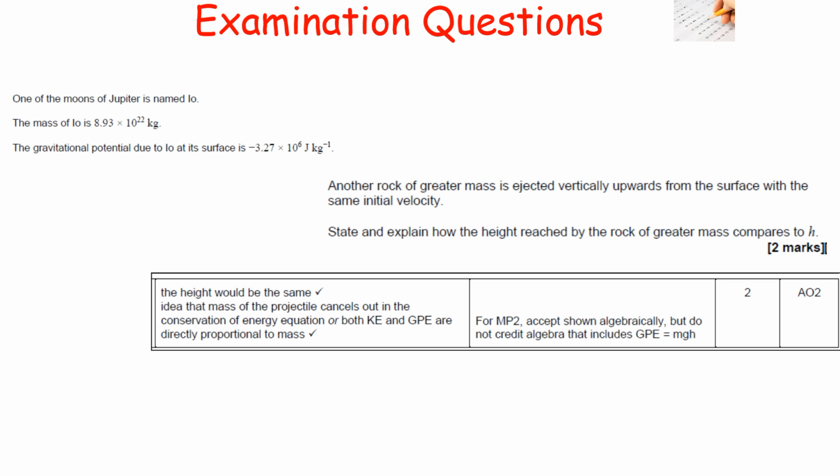So the mass of the object does not affect how high something will go, and that's a very important idea in gravitational fields. The escape velocity of a gravitational field does not depend on the mass of the projectile, only the mass of the actual object producing the gravitational field. And because both of them are being ejected from Io, the mass of the projectile does not make a difference.